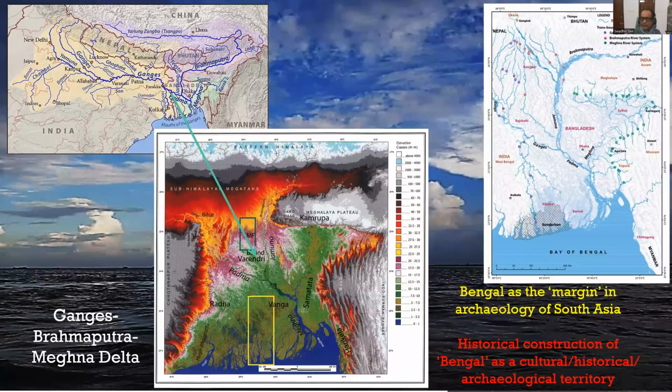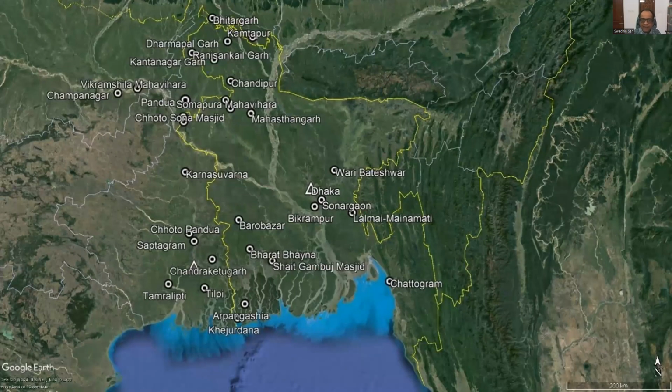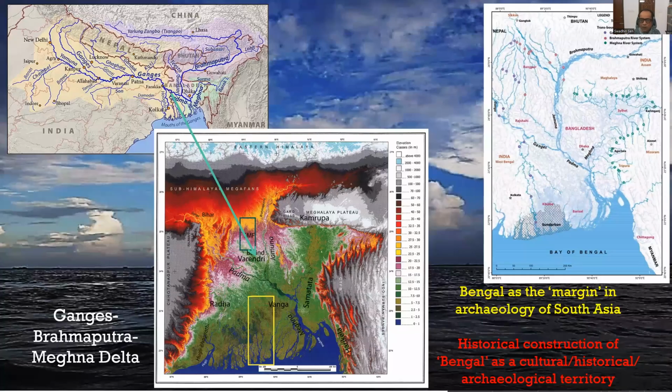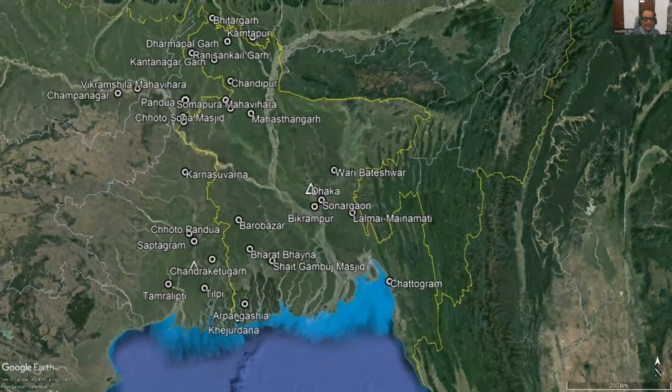And now we come to our Bengal basin, and you are all well aware of this geomorphological and geological setting, and most of the early medieval sub-regions of this area. And some of the sites which are well known in Bengal, I could not include many.